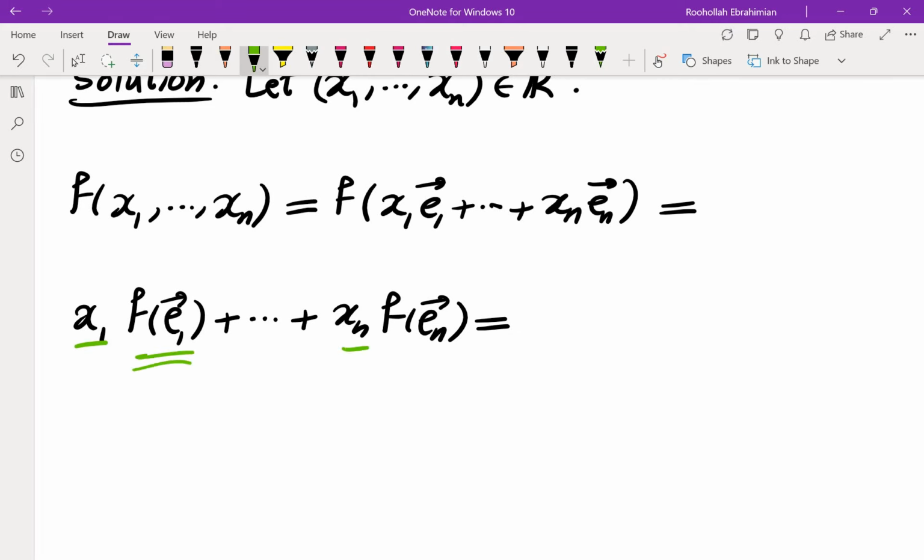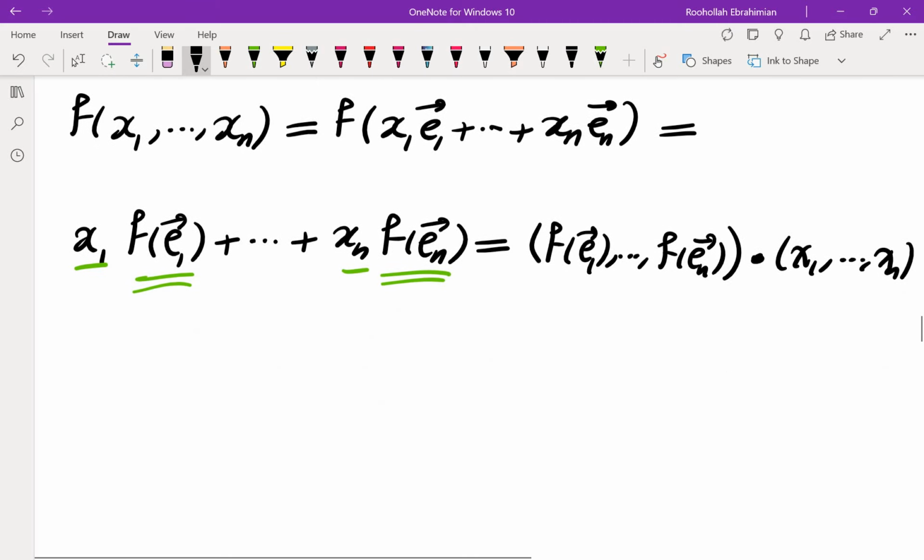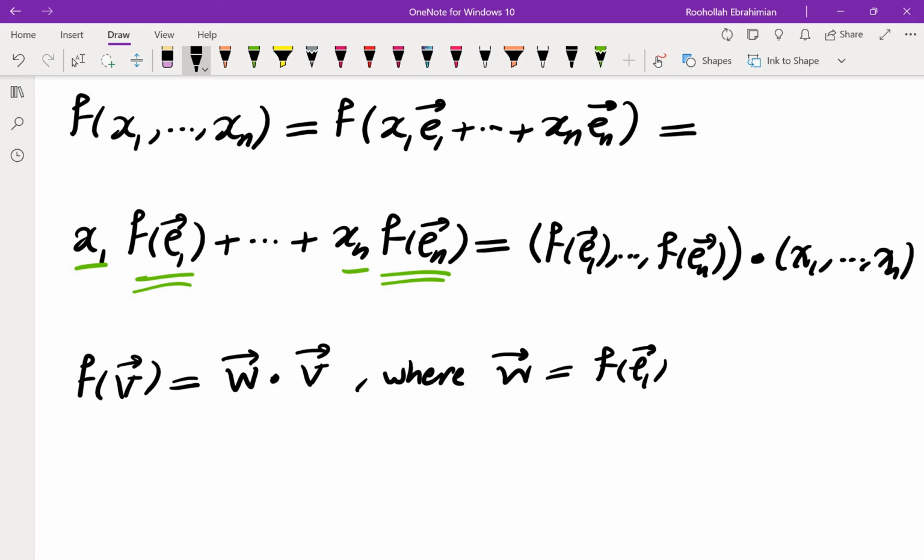It means f of e1 all the way to f of en dotted with x1 through xn gives us this function. In other words, f of v is equal to w dotted with v, where w is a fixed vector. w is f of e1 through f of en. It doesn't depend on the input. It of course depends on the function, but it doesn't depend on the input. And this is for all v.